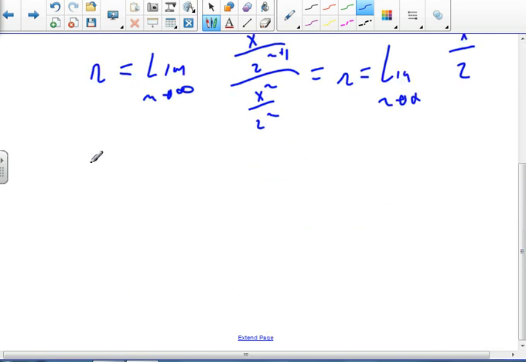So in order for this to converge, r is going to have to be, is it less than or equal to? I'm going to go back and look at my ratio test. That was last week. r has to be less than 1.